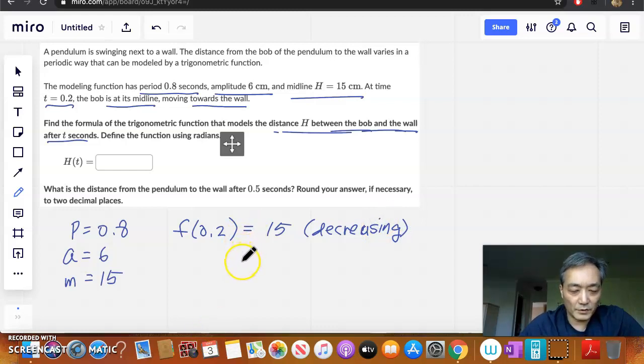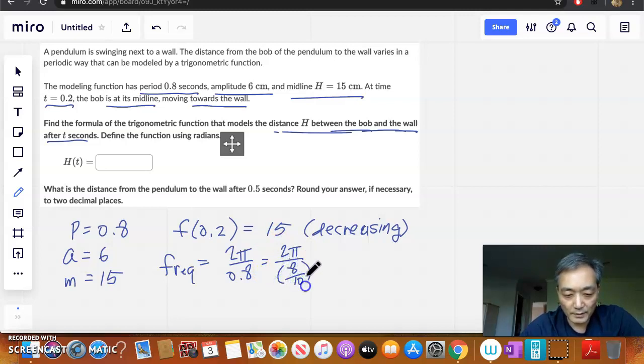All right, so the first part is how do we write this as a function? Well, we have the period, so let's find the frequency. The period is 0.8, so the frequency is equal to 2 pi over 0.8. What's 2 divided by 0.8? 0.8 is really 8 tenths, so it's 2 pi over 8 tenths.